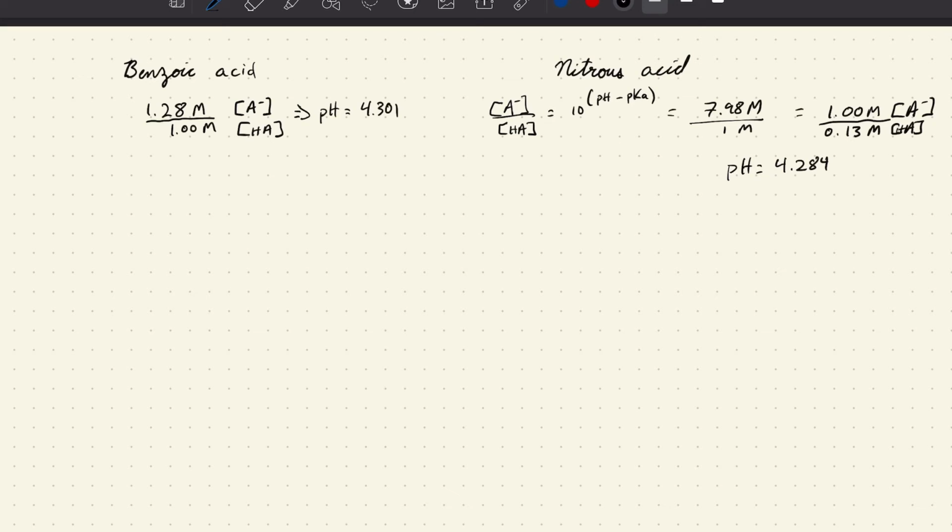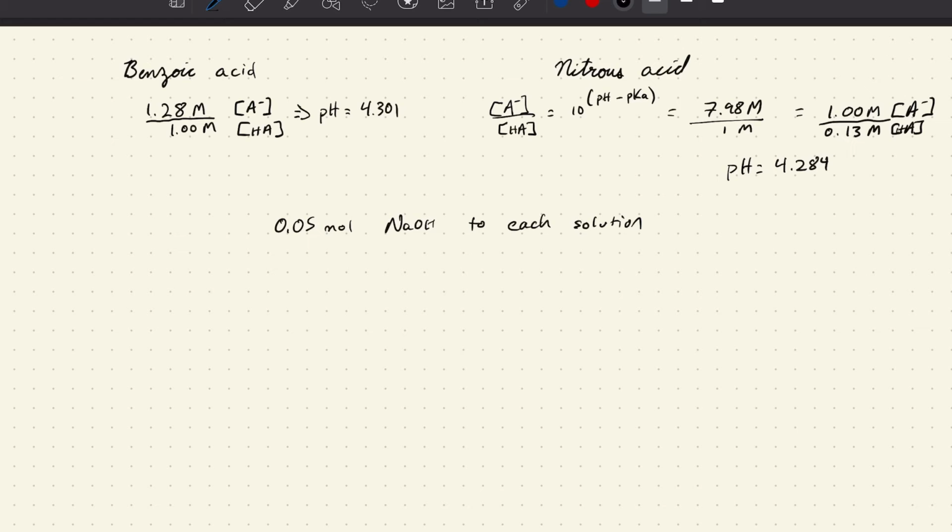So now the question becomes, what happens if I add 0.05 moles sodium hydroxide to each? So the first thing that's going to happen is that sodium hydroxide is going to fully dissociate.